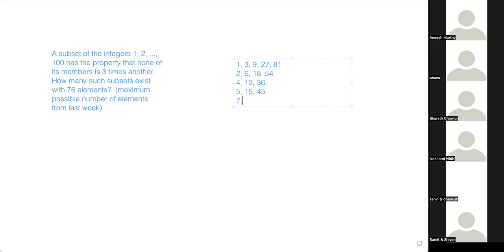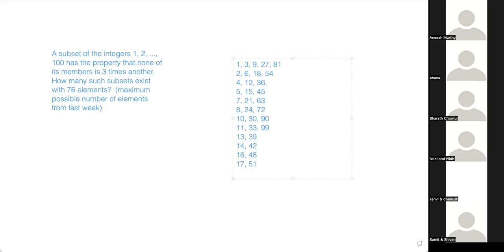Okay, so 6 is already covered. So 7, 21, 63. 8, 24, 72. Good. 10, 30, 90. 11, 33, 99. 13, 39. 14, 42. 15, 45. 16, 48. 17, 51.